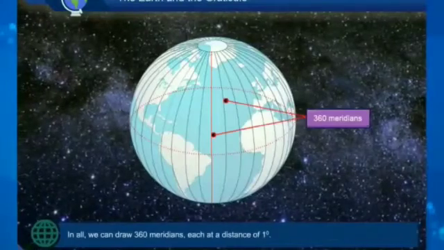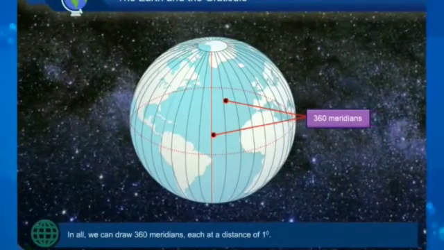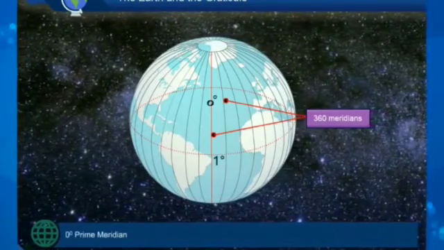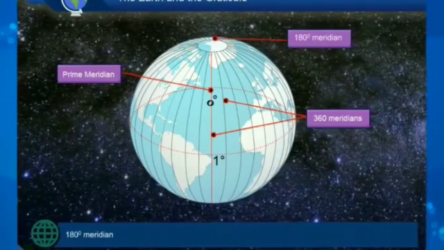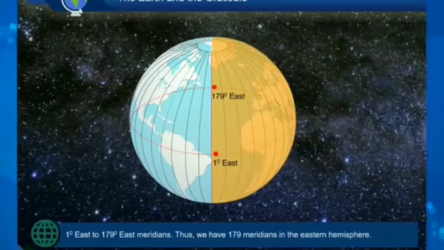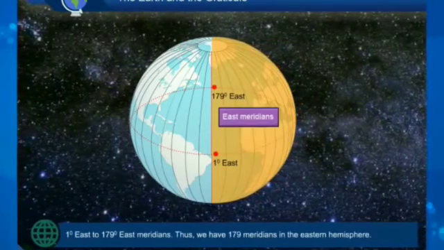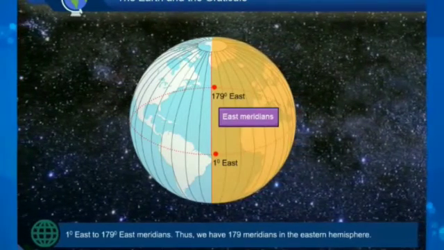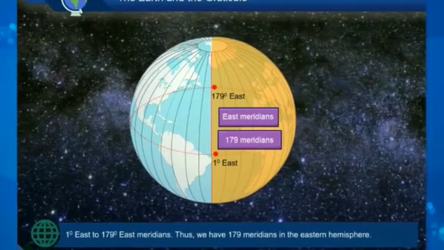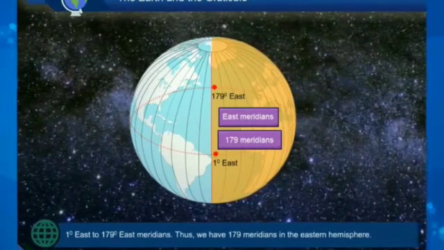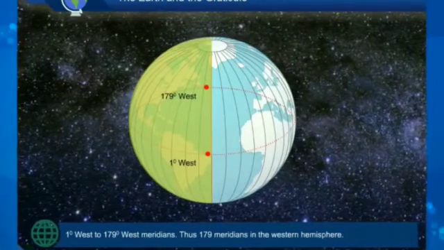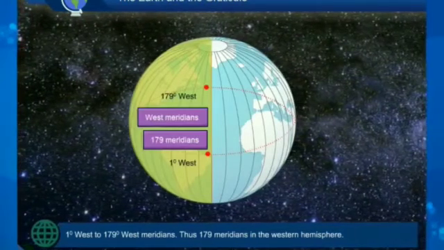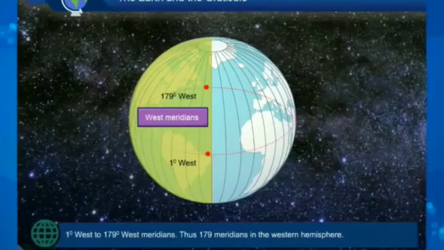We can draw 360 meridians each at a distance of 1 degree. 0 degree prime meridian, 180 degree meridian, 1 degree east to 179 degree east meridians. Thus, we have 179 meridians in the eastern hemisphere, 1 degree west to 179 degree west meridians, thus 179 meridians in the western hemisphere.